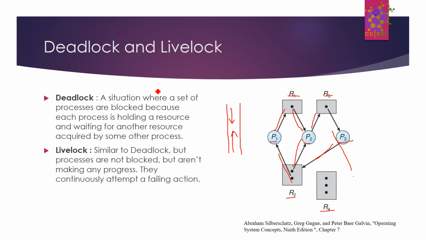Then one person turns right, but the other person also turns left, so they again collide. Under such situations, they are not able to cross the hallway, and they just keep facing each other and not able to cross each other. Such a situation is a Livelock.